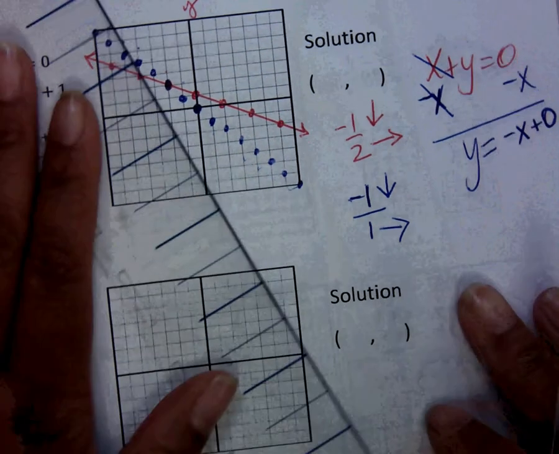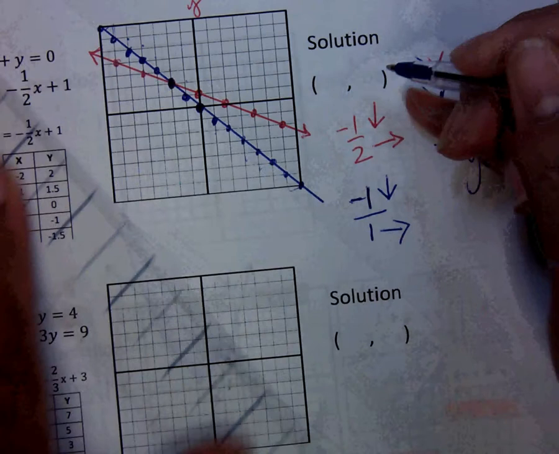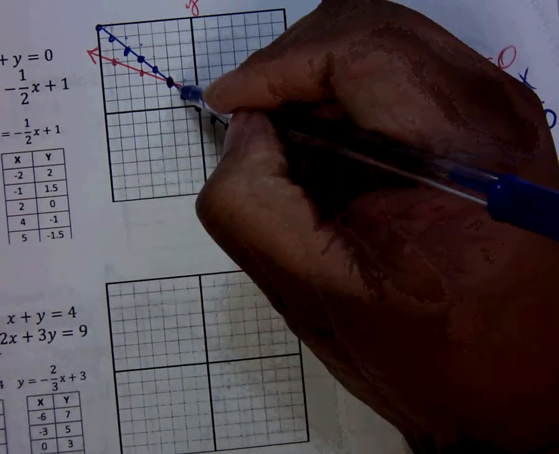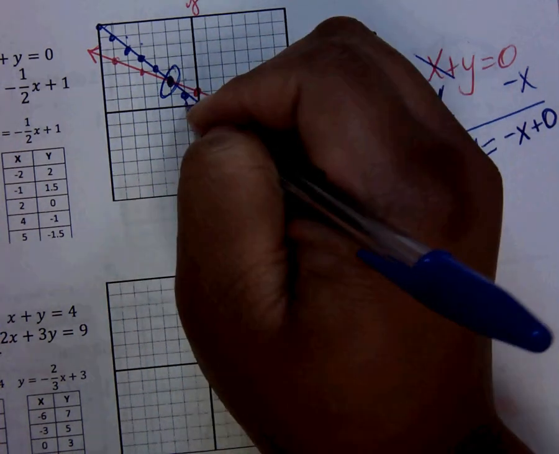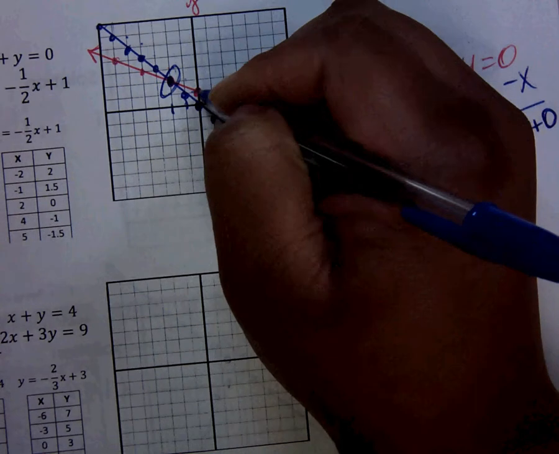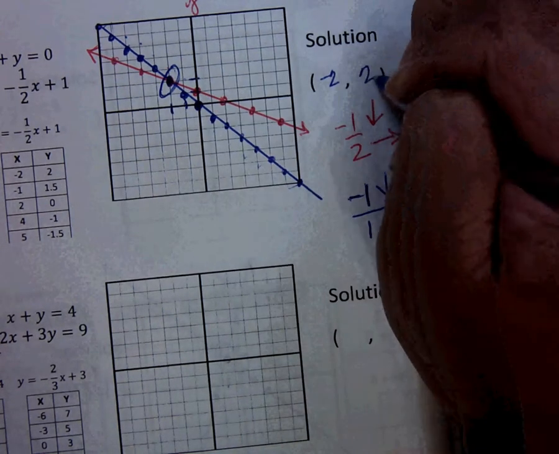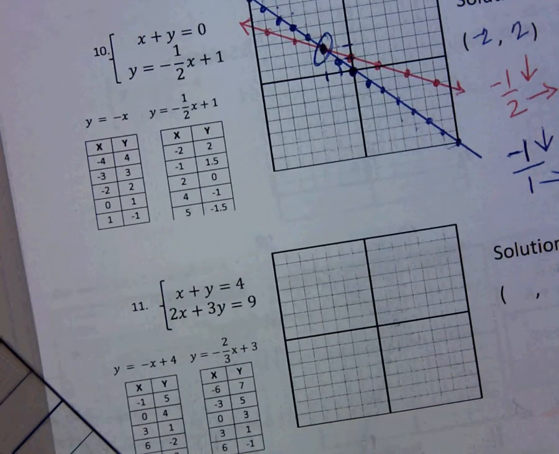Now we connect it. Do you see where they cross? Yes, that is -2 for the x and +2 for the y.